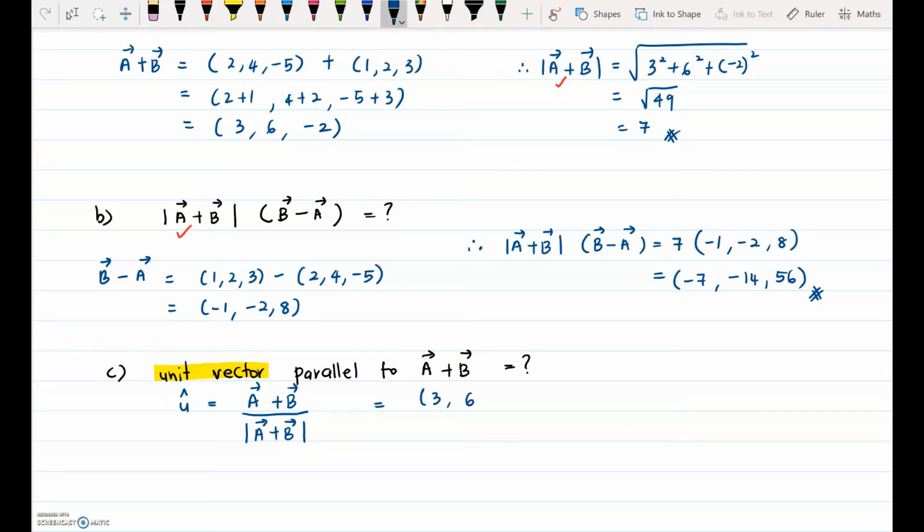It is 3, 6 and negative 2, divided by your magnitude, which is 7. So you get 3 over 7, 6 over 7 and negative 2 over 7. This is the unit vector that is parallel to the vector A plus B.